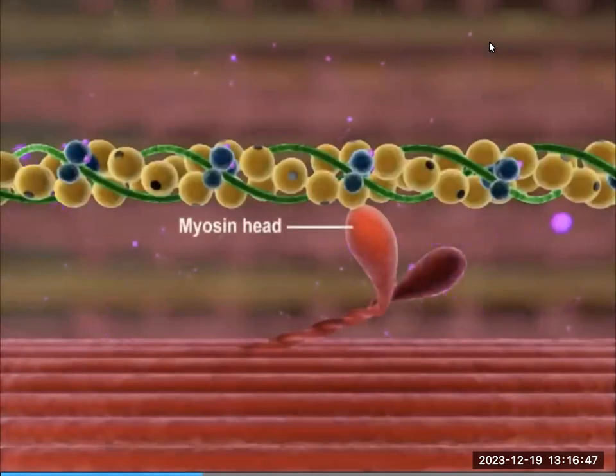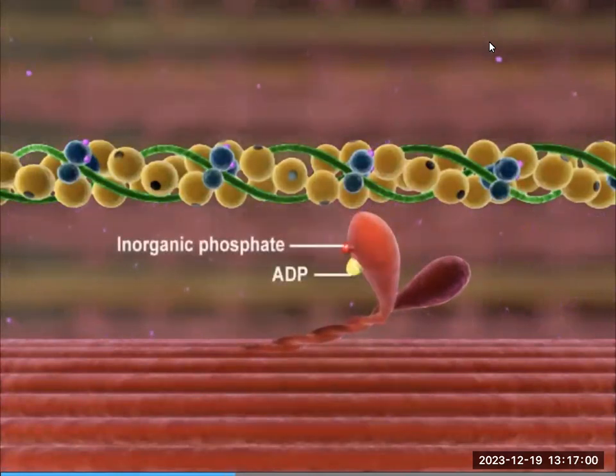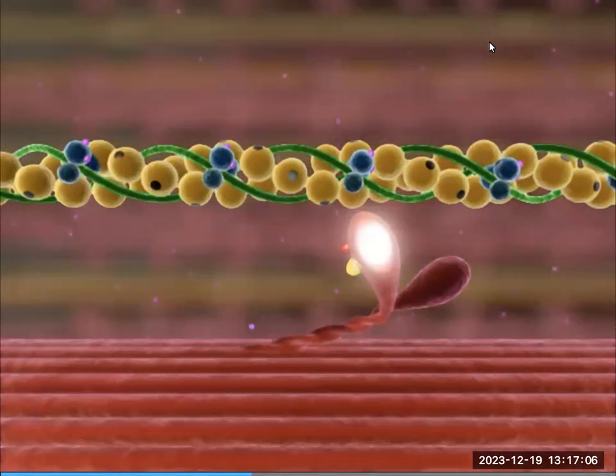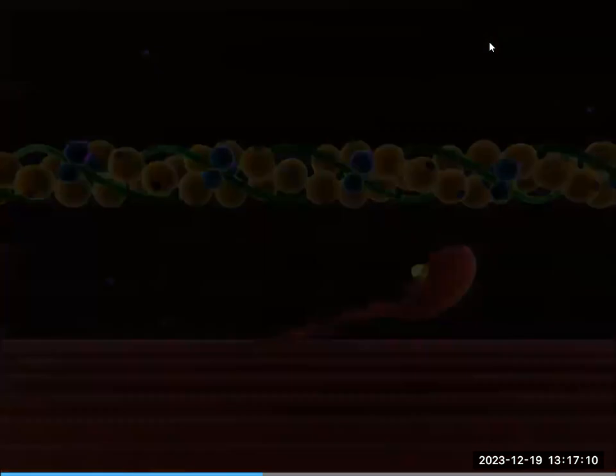This myosin head that is bound to actin, we have a new ATP molecule that comes in and causes that myosin to release. It's going to break that ATP into ADP plus inorganic phosphate. That puts energy into that myosin head.